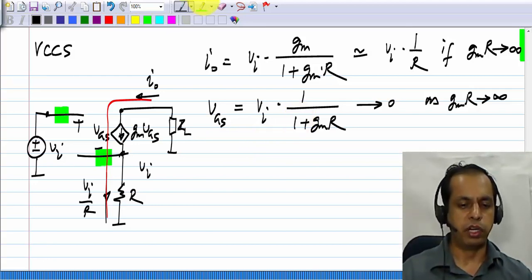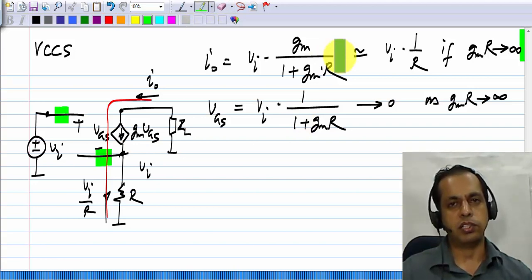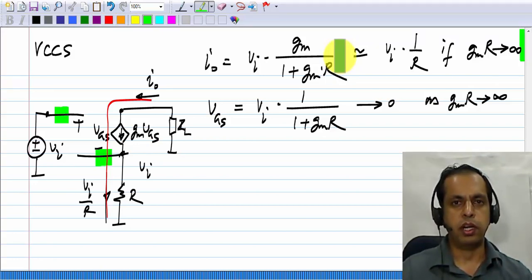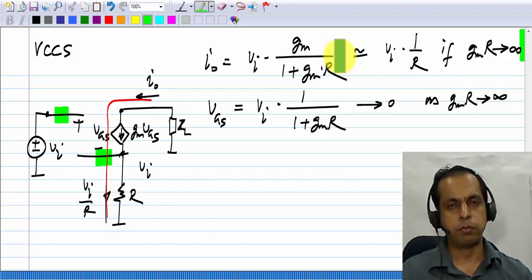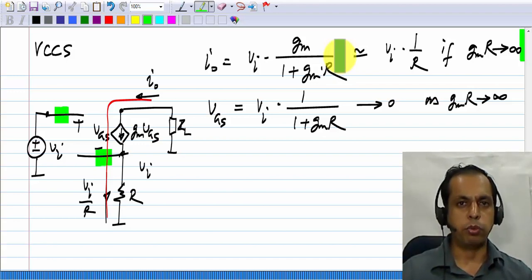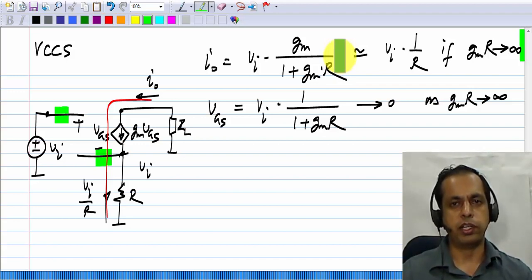So if you want to evaluate all these negative feedback enabled control sources with gm tending to infinity, it's very easy. You just assume a virtual short between gate and source. It also gives you the approximate value of the transfer function as well as the input and output resistances. Now you have to put down the entire circuit and analyze to get the exact values.